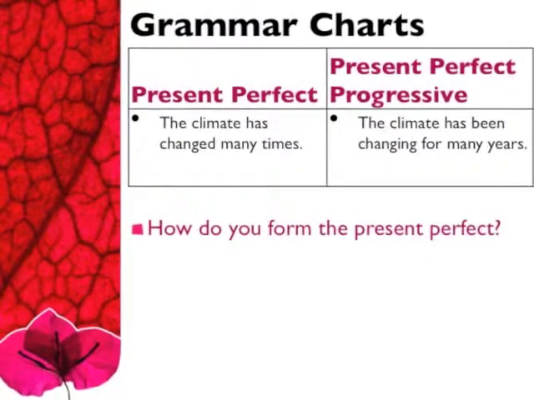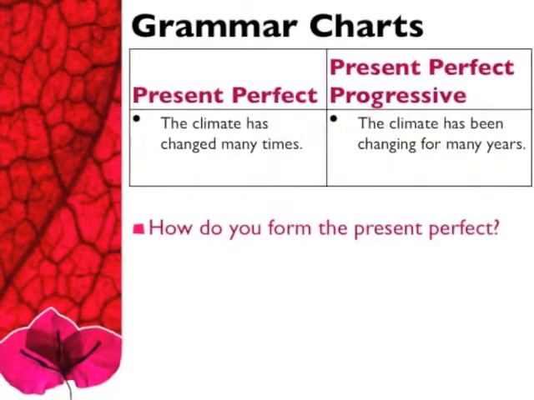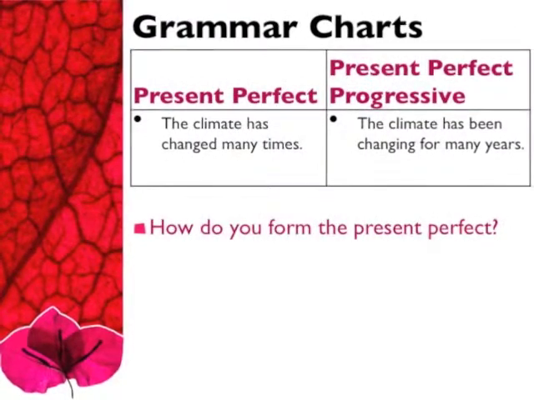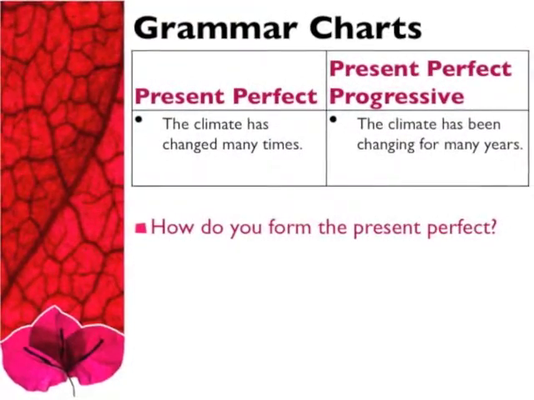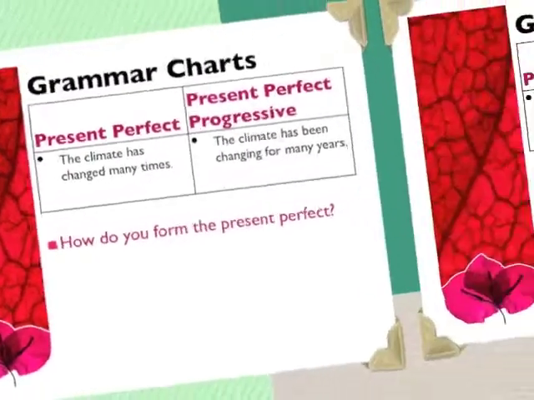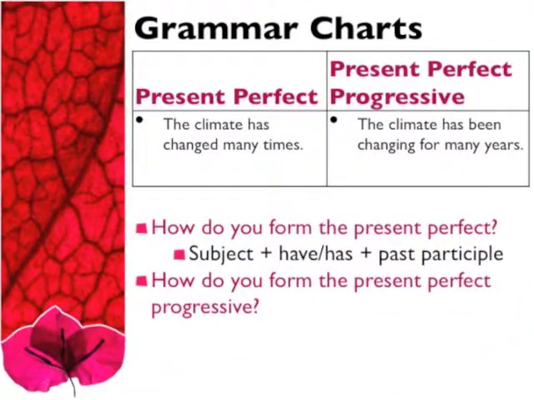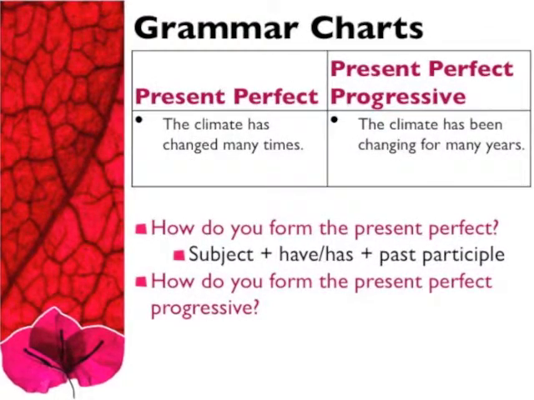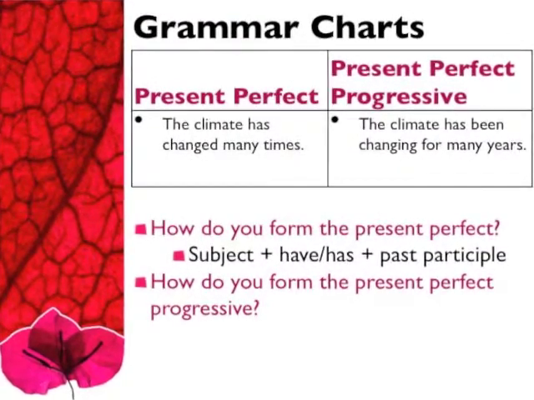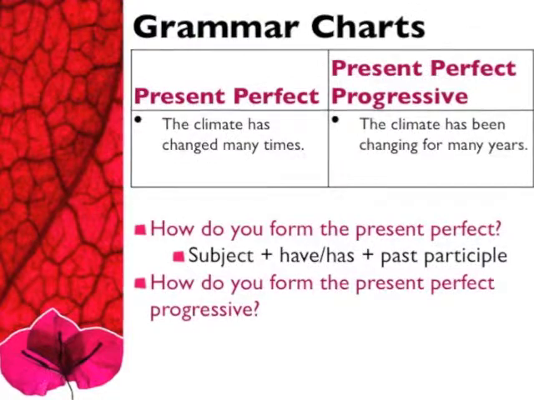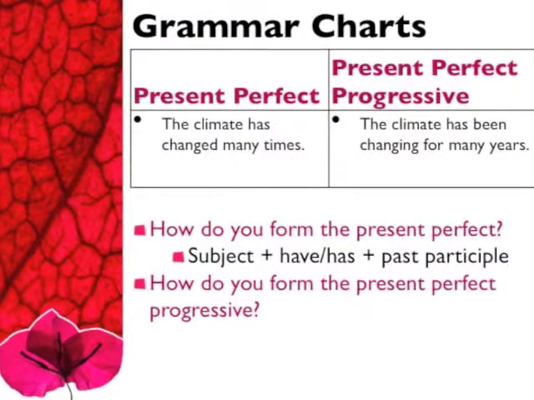Looking carefully at the present perfect sentence, how do you form the present perfect tense? This is review, you should know this. We have the subject plus have or has plus the past participle to form the present perfect. Easy, right? You should know that really easily by now.